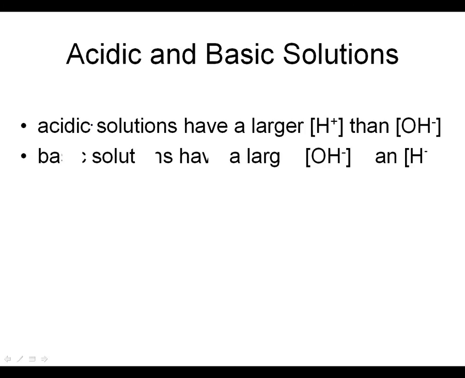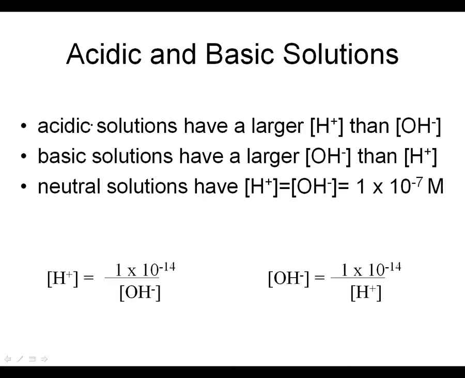So if we use sort of that equation there, and if you needed to use it, this is basically how you would rearrange it in each of these cases. And if you were given the OH- concentration like you would do on the left-hand side there, you would take 1 times 10 to the minus 14, which is the value of KW, and you would divide it by the OH- concentration.